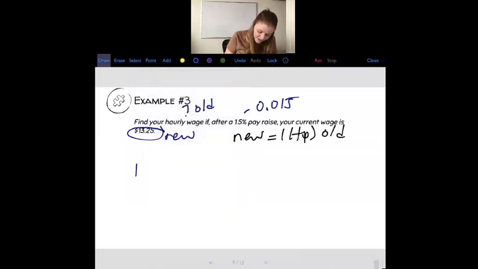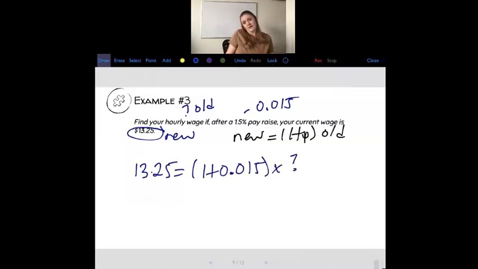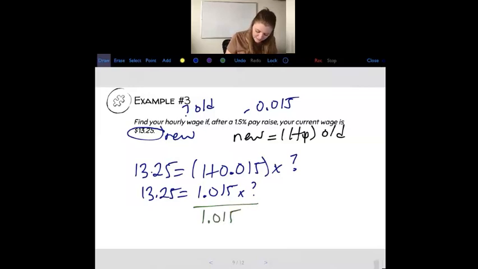So new is 13.25 is equal to 1 plus 0.015 times our old, which is what we're not sure of. Okay. So in this case, we have 13.25 is equal to 1.015 times we don't know, and we would divide both sides by 1.015.